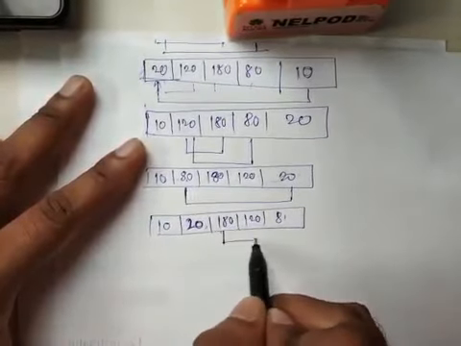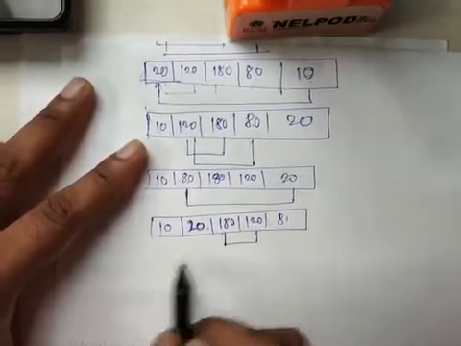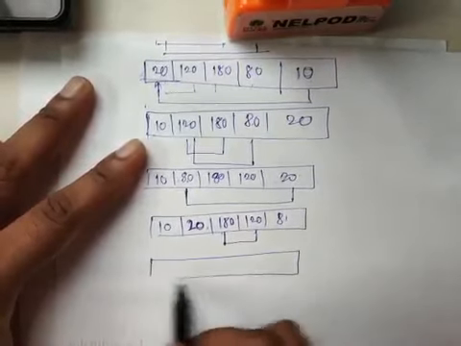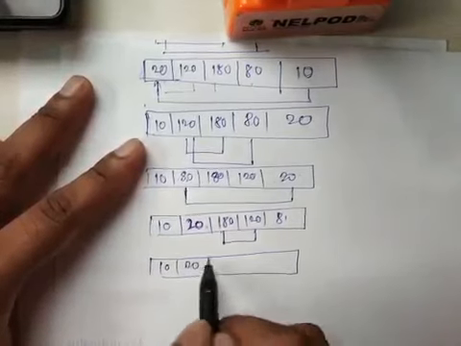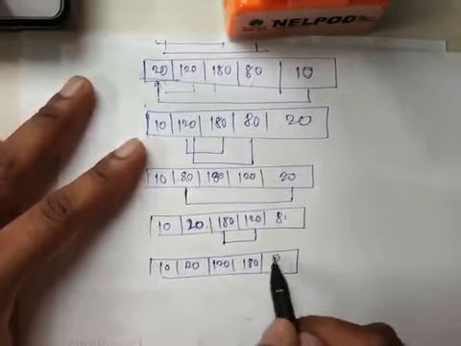Now this element is compared, 180 with 120. We find 180 is greater than 120, so we get 10, 20, here comes 120 and here comes 180, and this is 80 as it is.